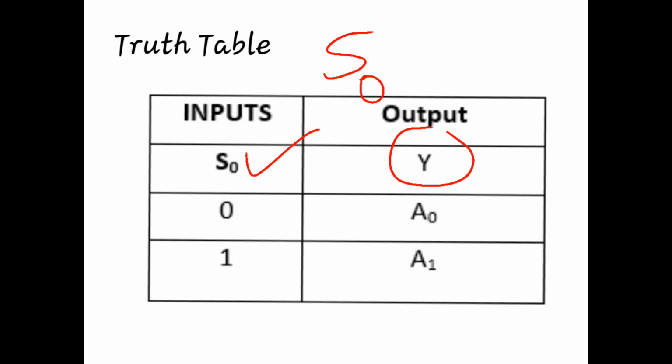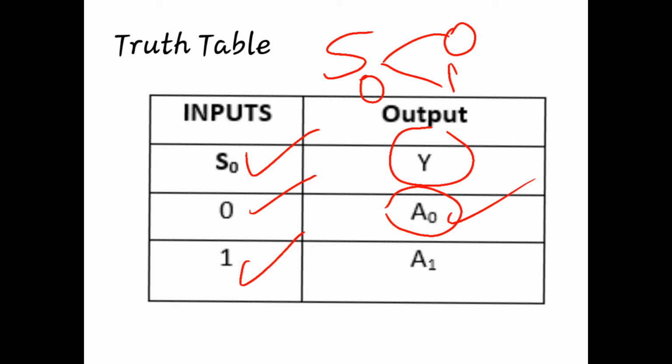This select line will offer two possible values, either 0 or 1. So when it is 0, the input line that will be selected here is A0, and if the value of this select line is 1, then the line A1 is going to be selected.